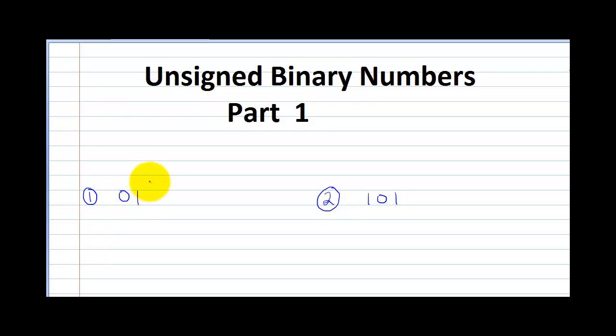When we're dealing with unsigned binary numbers, each of these bits represents either a 1 or a 0, and that 1 or 0 tells you if you have a power of 2.